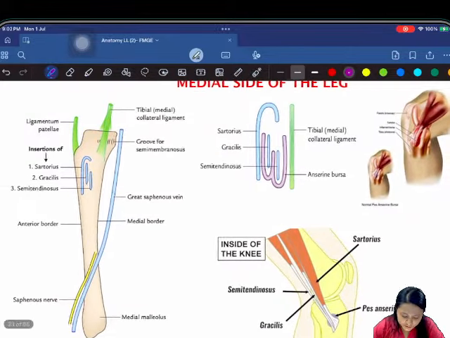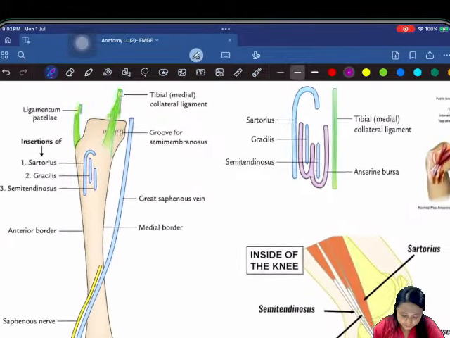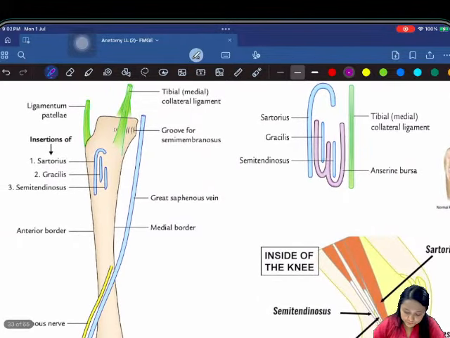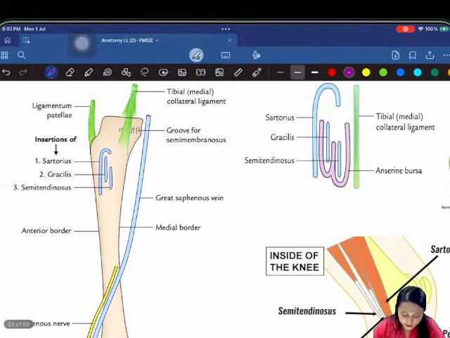So you can see here this is the tibia, and here you can see the insertion of certain muscles. You can see the sartorius. It is inserting like a hockey stick pattern, ठीक है, sartorius. उसके बाद आएगा gracilis and then you will get the semitendinosus. इसका insertion है.